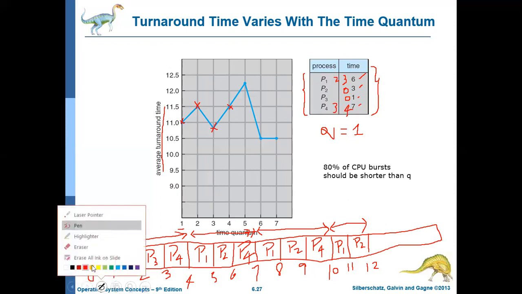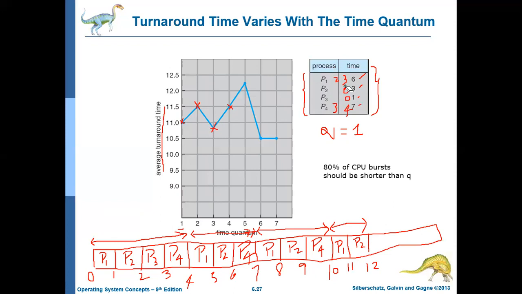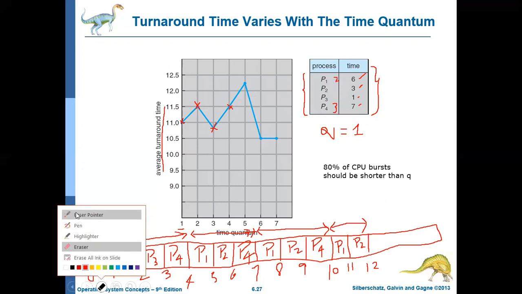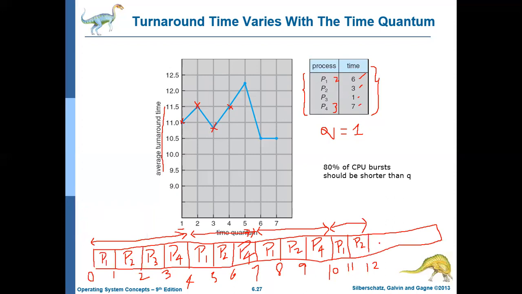So after the fourth round, P1 needs 2 more cycles and P4 needs 3 more cycles. Again now P1 will execute for 1 millisecond, and P4 will execute for 1 more millisecond.